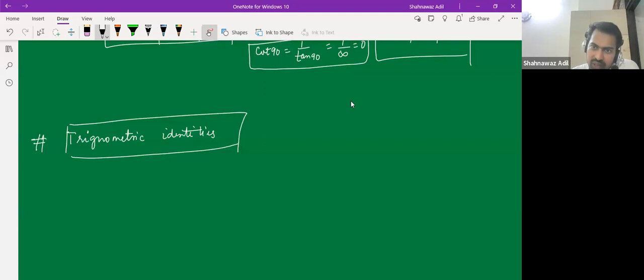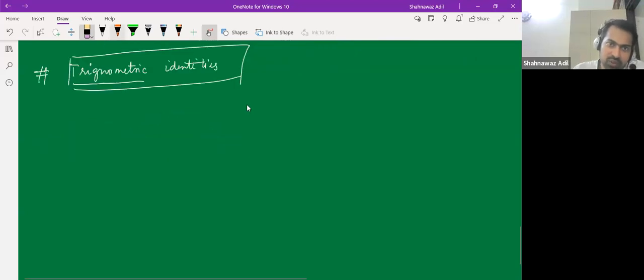We know that a plus b whole square is a square plus 2ab plus b square. Similarly, your trigonometric functions are related by some property. Whenever we can write a trigonometric function as other trigonometric functions, that is called an identity. We have three special identities, and we will talk about that.